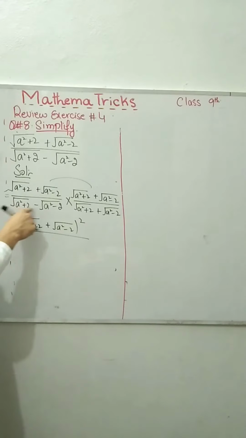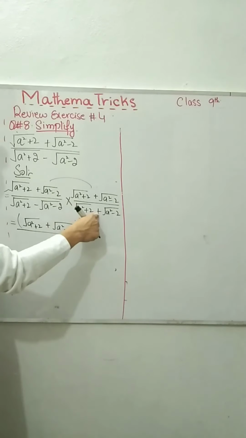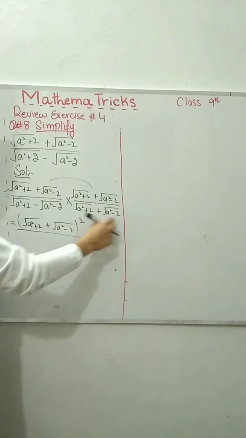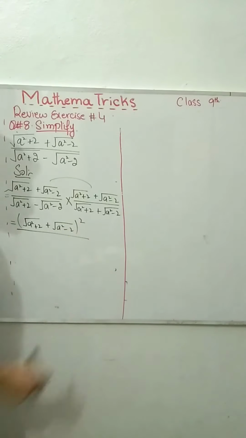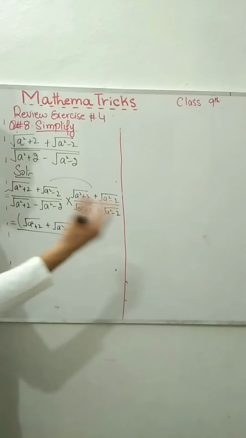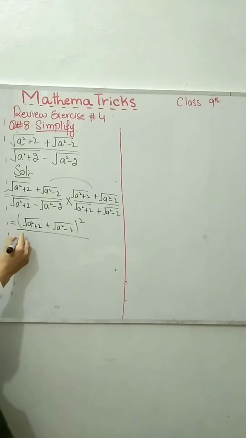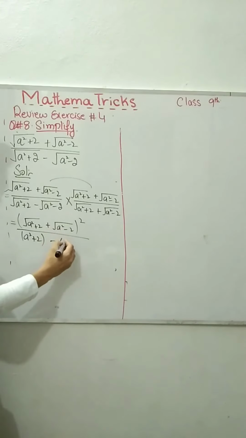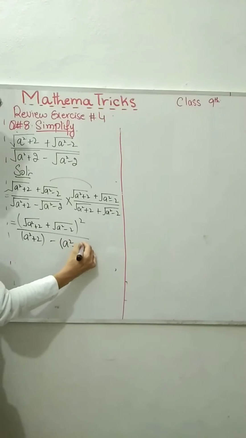Now below, a minus b into a plus b, similar values. Negative and positive give you first's square minus second's square. So first's square, square root of a square plus 2 squared, I got a square plus 2, minus b square, I got a square minus 2.